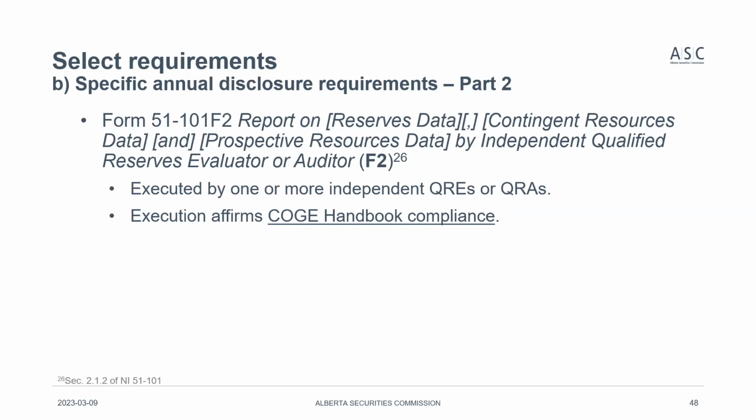The statement itself, the F1, has lots of room for not disclosing information that's not material. You don't even have to provide information in the same order. But when it comes to the reports, the F2 and the F3 in particular, don't make material modifications, don't change the representations. When you sign off on it, you're representing that everything in there has been adhered to and done appropriately, including adherence to the COGI Handbook.